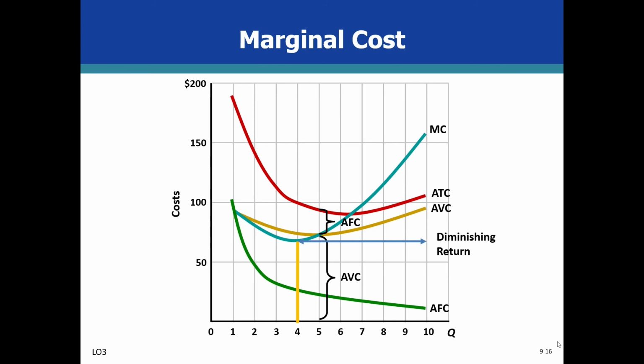Once the low point on marginal cost is reached at 4 units, there are diminishing returns. A firm is experiencing the law of diminishing returns when the marginal costs are increasing.